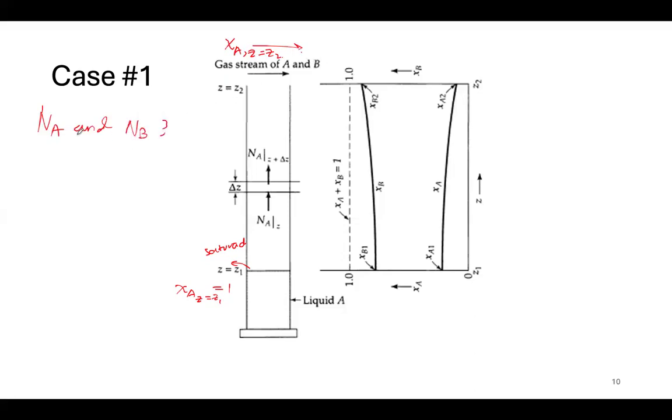If you think about it, B is just one gas, B. And A is the concentration of this one, the N_A. So N_A will diffuse from the liquid A, from z equal to z1 to z equal to z2.